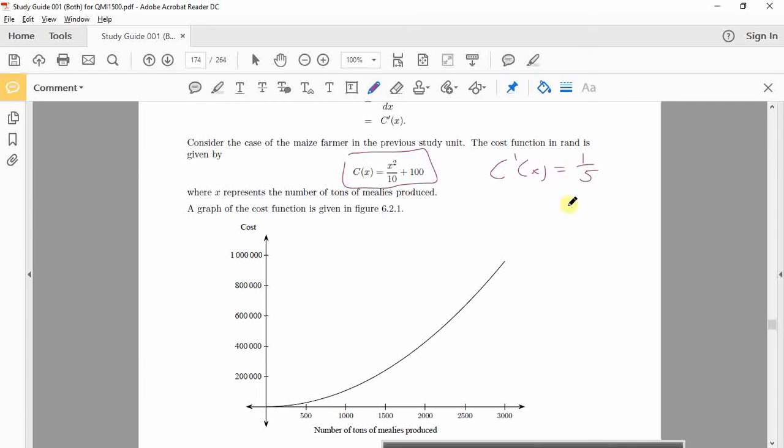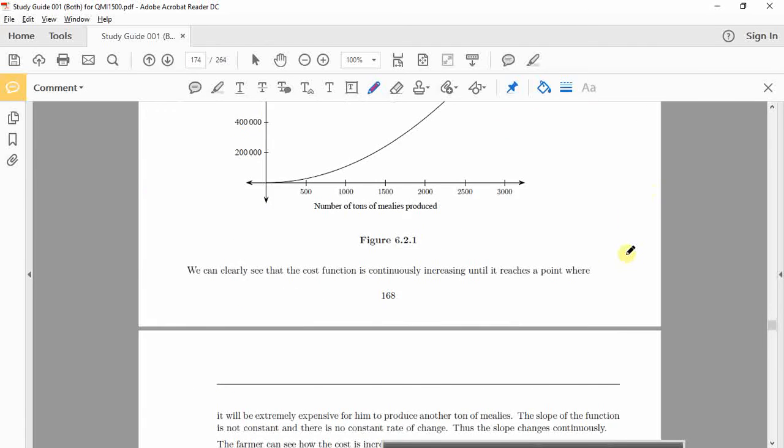How did I get the 1 over 5? A tenth times 2 is 2 over 10, which is 1 over 5. Then you minus 1, so x to the 2 minus 1 is 1. So that's the derivative.